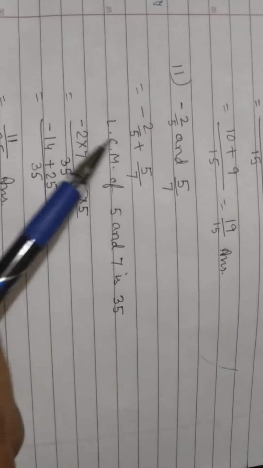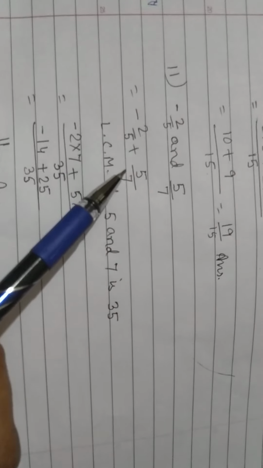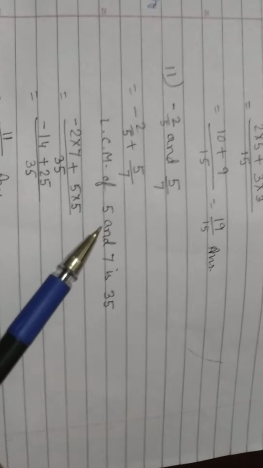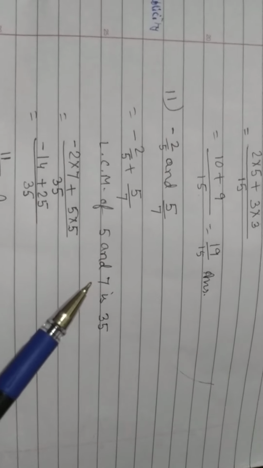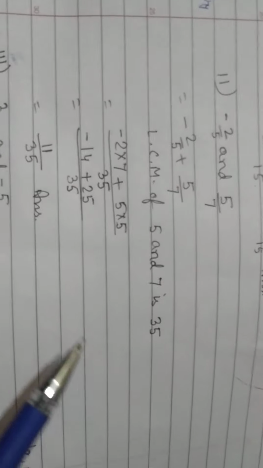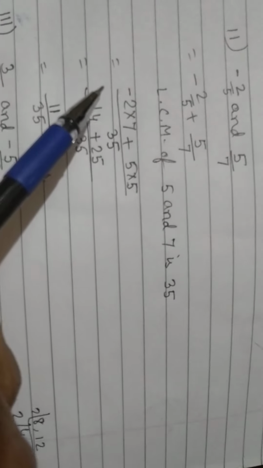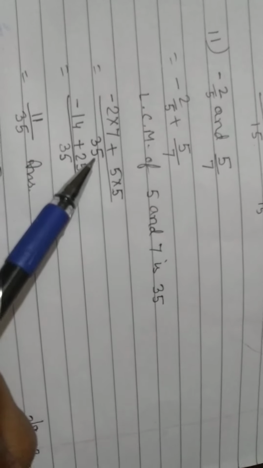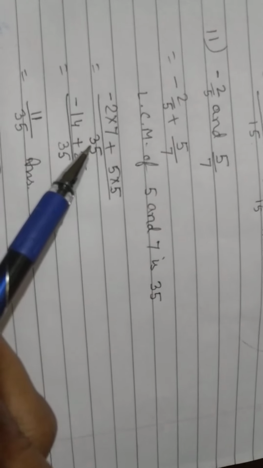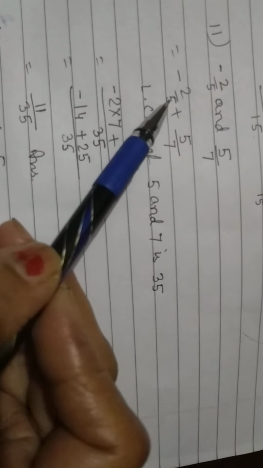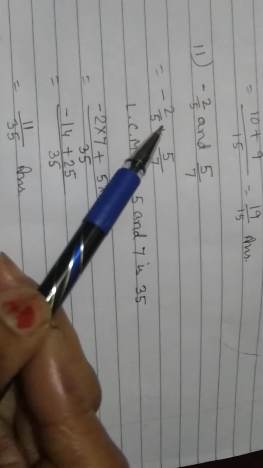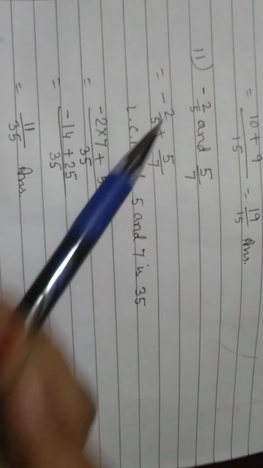Here also there is no common number between 5 and 7, so we multiply the numbers and that will be the LCM. So 7 into 5 is equal to 35, and 35 is the LCM. Now we draw a line and write the LCM at the place of the denominator. Again the same process: we divide the LCM by the denominator of the first number and multiply by the numerator of the first number.